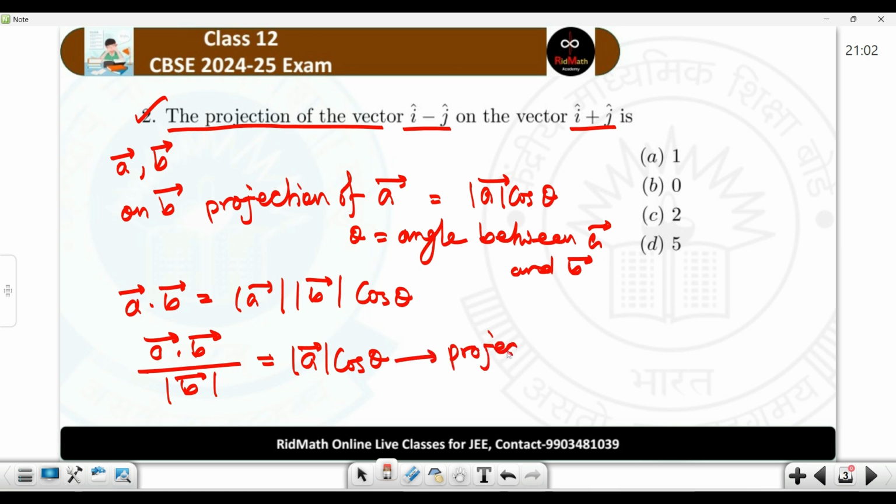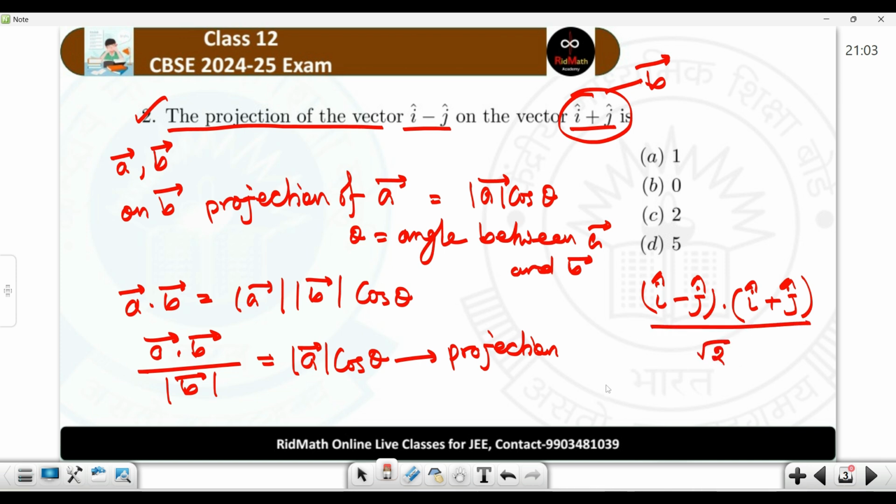So we have to first dot product them. So i cap minus j cap dot i cap plus j cap, divided by the mod of the vector on which we are taking the projection, that is the b vector. So mod of this vector is root 2.